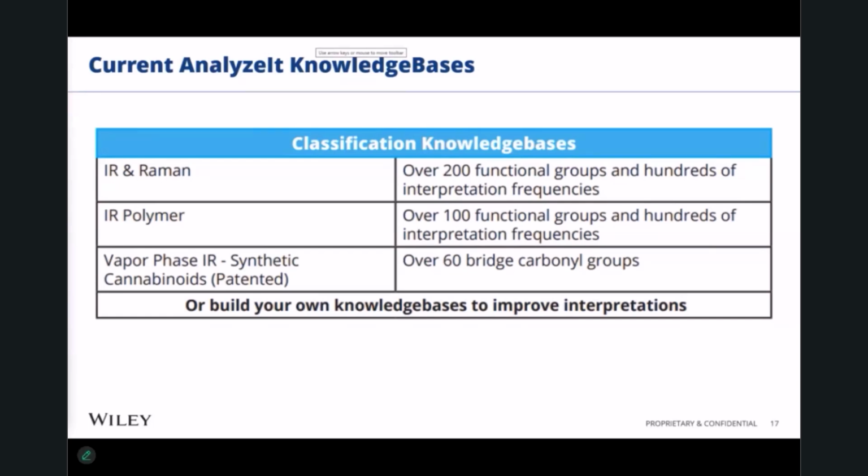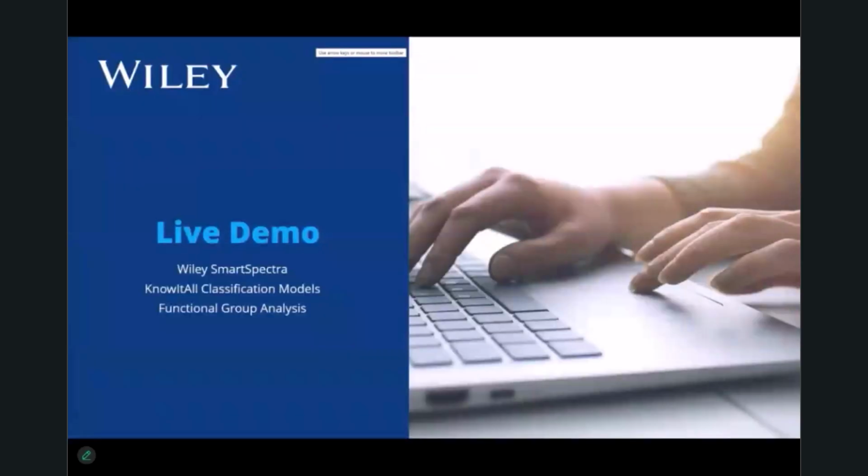Users can create their own knowledge bases though, and creating your own custom knowledge bases tailored to your own data can obviously help you if you're in a very niche or specific field. And so now, with all this information, let's take a quick look at KnowItAll and do a demo for the 3 methods of alternative spectral identification or characterization.